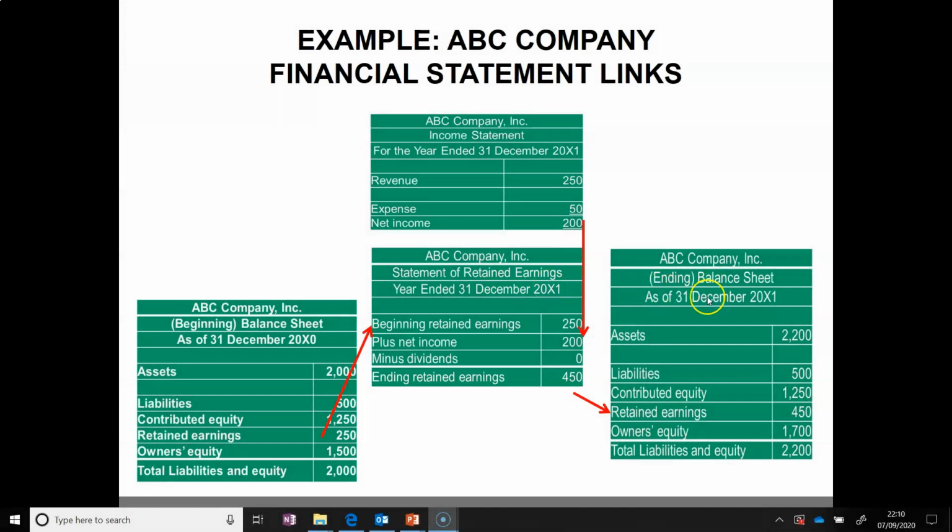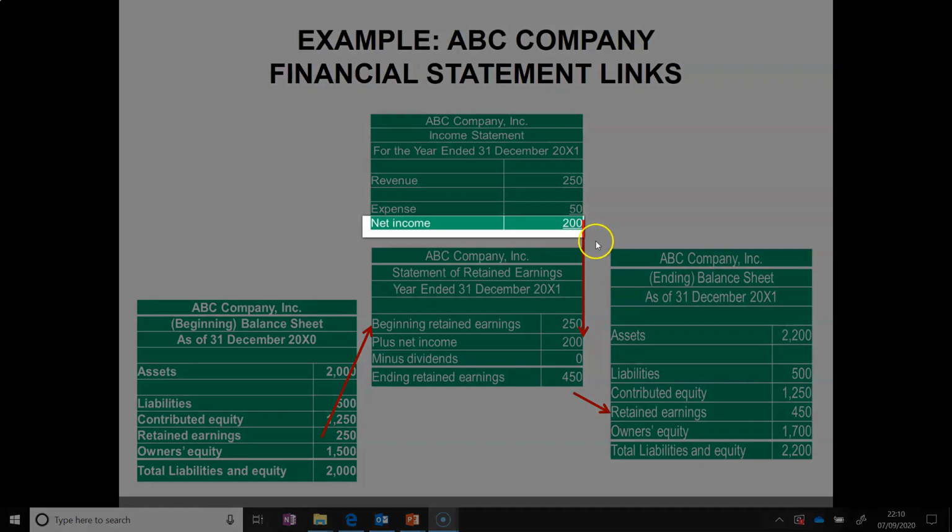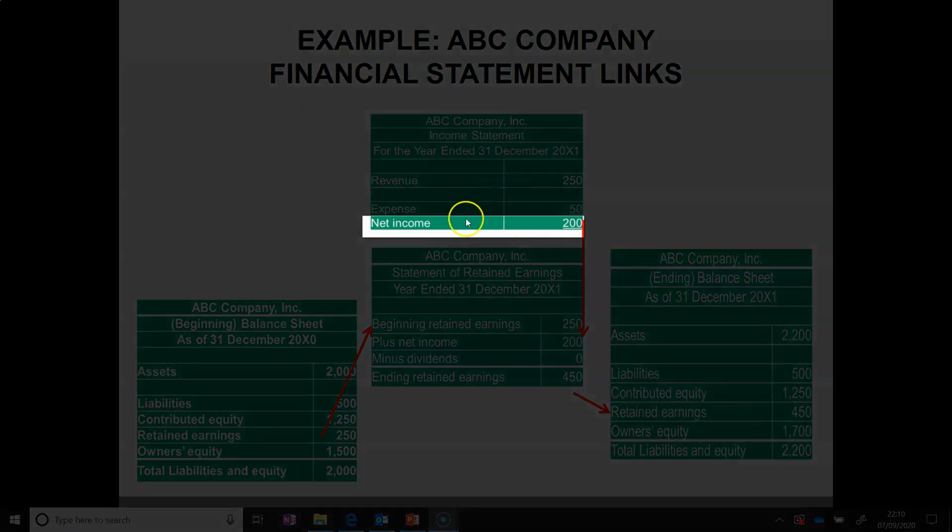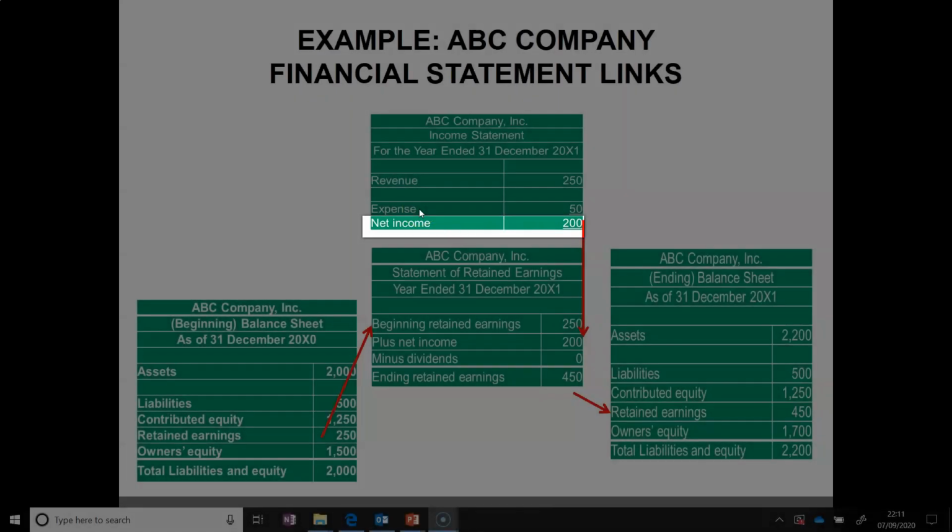The balance sheet as on 31st December 2011 is showing assets worth 2200. The 200 increase represents the change in assets that is attributable to transactions not related to suppliers of capital, that is net income, which is the difference between revenues and expenses.